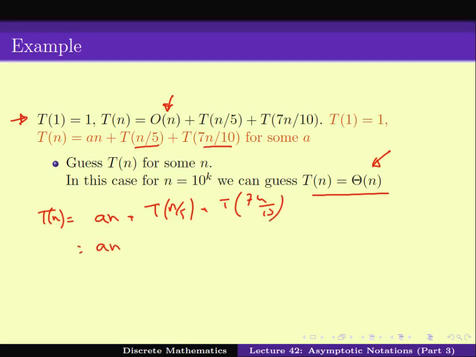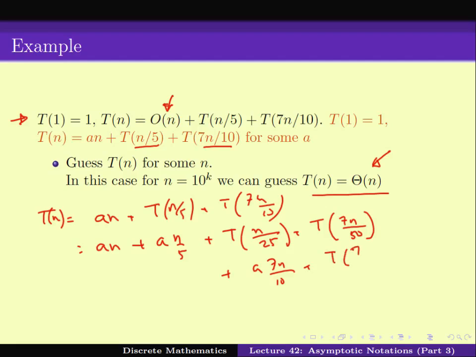which is, if I now expand Tn, a times n over 5 plus T(n/25) plus T(7n/50), plus a times 7n/10 plus T(7n/50) plus T(49n/100).